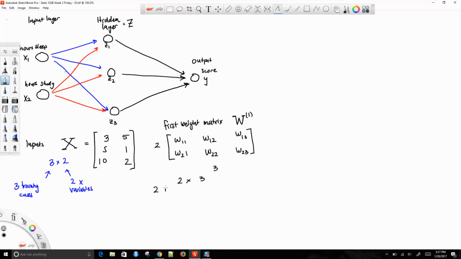This is a 2 by 3. We have 2 input nodes and 3 output nodes in the hidden layer.